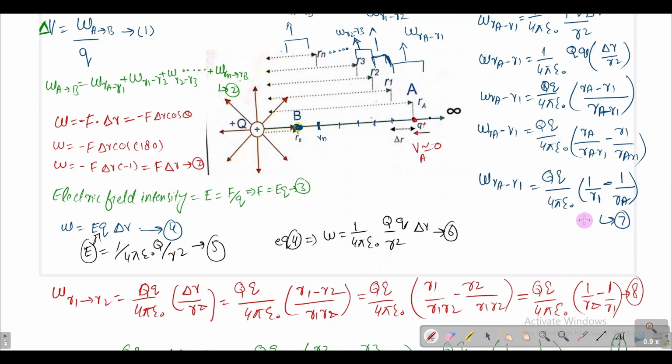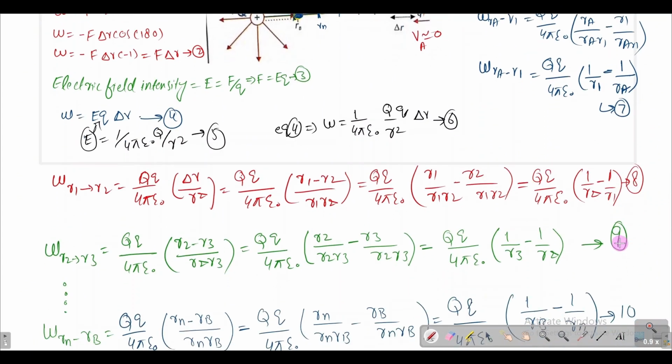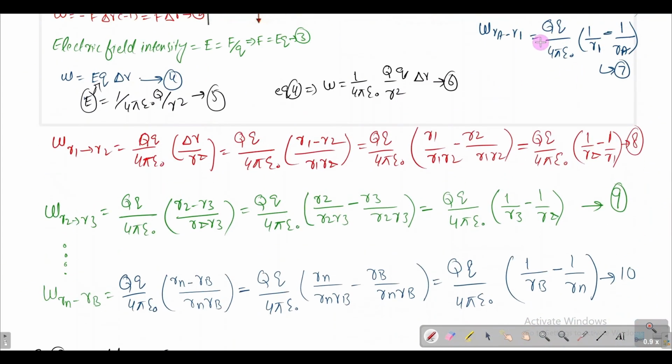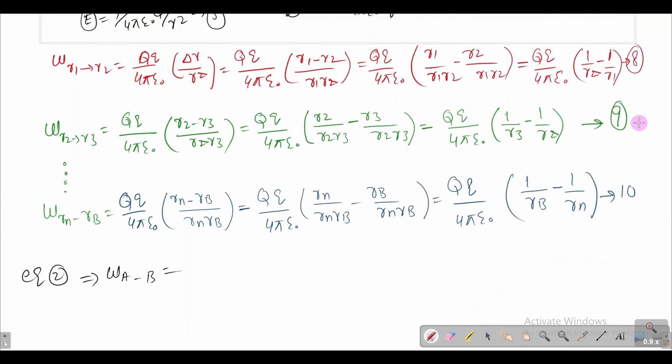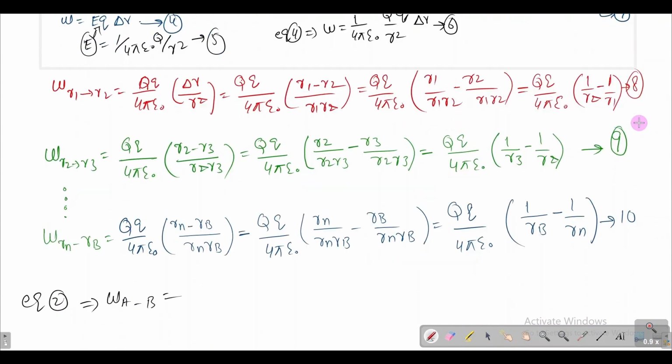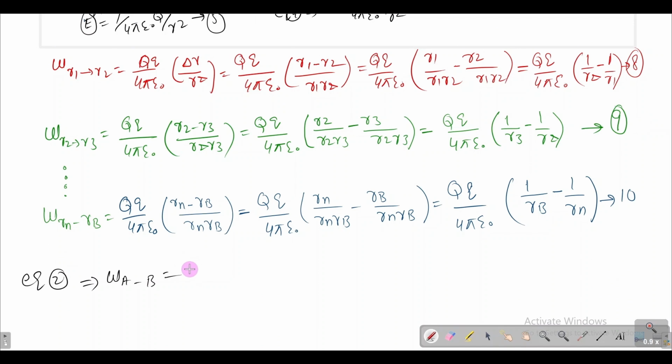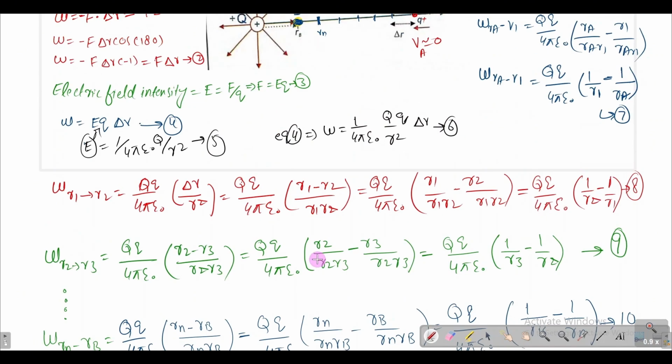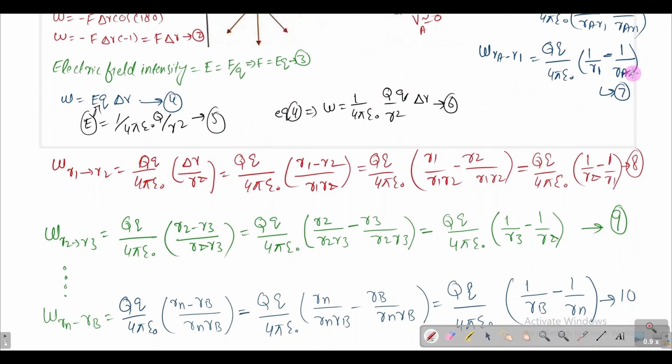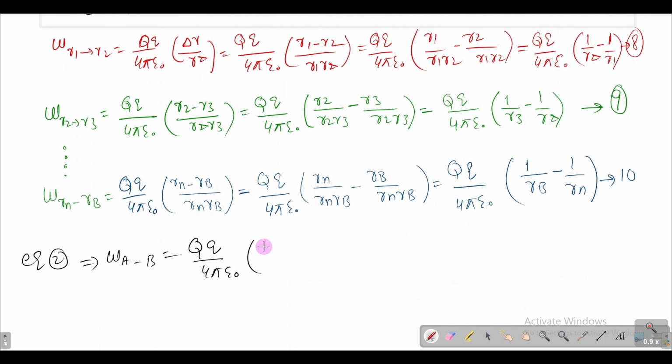So here I will put the value from equation 7: Q by 4 pi epsilon naught, 1 over R1 minus 1 over Ra.